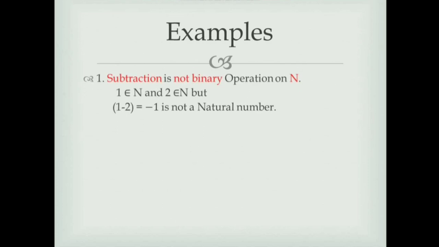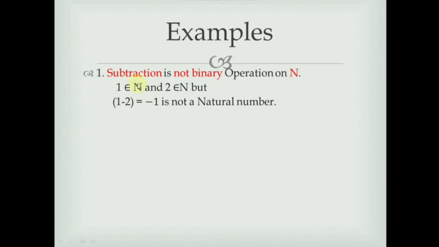Again, we will see some more examples. Subtraction is not a binary operation on the set of natural numbers. Before proving this, we must note one thing: if you want to prove that some property holds for some set, then we have to prove that this property holds for all the elements from that set.